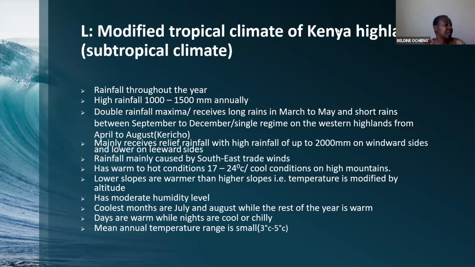Those are the characteristics of the modified climate of Kenya highlands, or subtropical climate. Please, if you cannot remember the figures properly, then use the description. Where we have high rainfall, 1,000 to 1,500 millimeters, you can simply say high and you'll still score.